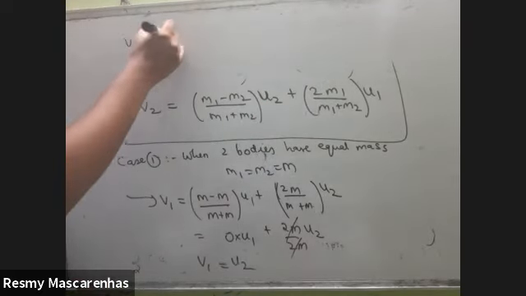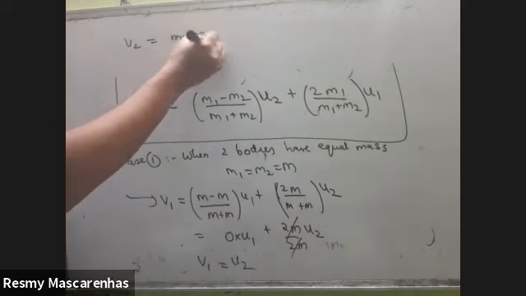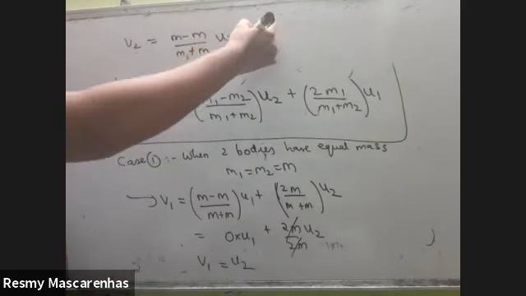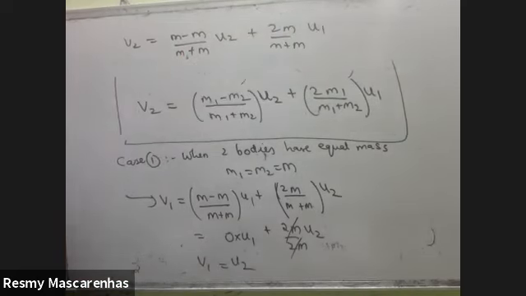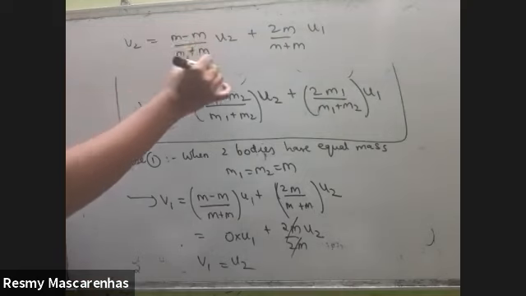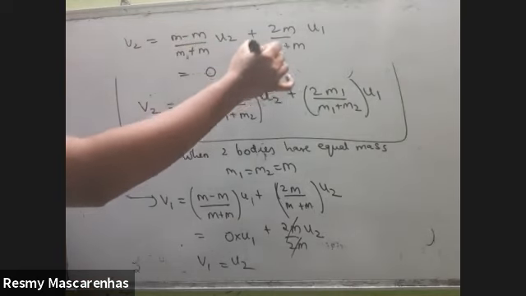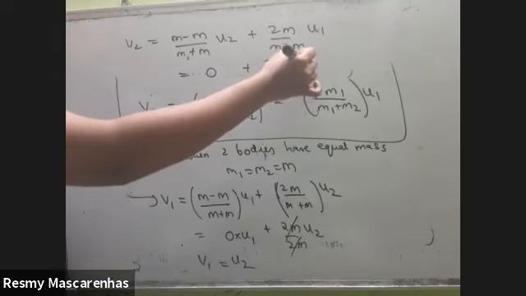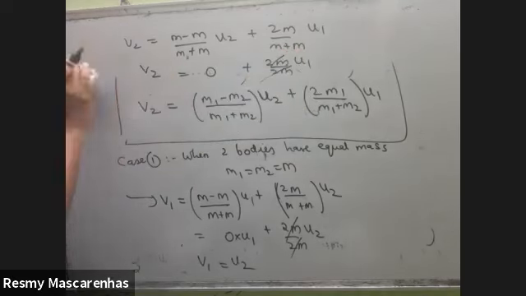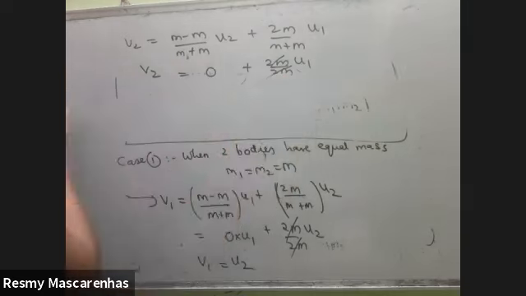V2 will be again M minus M, so this will again become 0, and M plus M is 2M. So they will get interchanged.